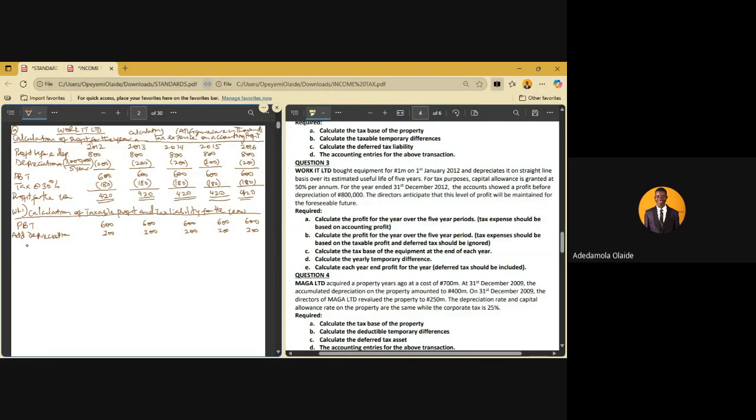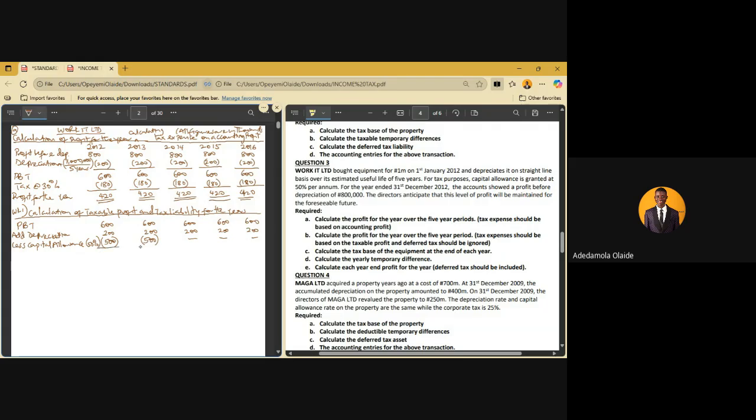Then less capital allowance. What did they say capital allowance is? 50%. So 50% on the cost of the asset is what? 500,000. In the second year again, 50% of cost, 500,000. But after those 2 years, the asset has fully enjoyed capital allowance. It can no longer enjoy again, so the remaining years will be nil.